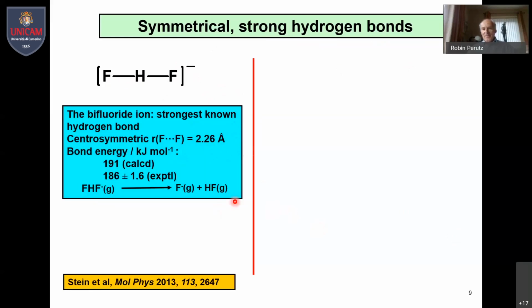I looked up modern calculations and experiments, and they come out at about 190 kilojoules per mole. This is 43 kilocalories, if you prefer that, and that's for the energy of dissociating FHF minus to F minus and HF. We can't always measure the bond energy, but look at that FF distance as a reference point, 2.26 angstroms.